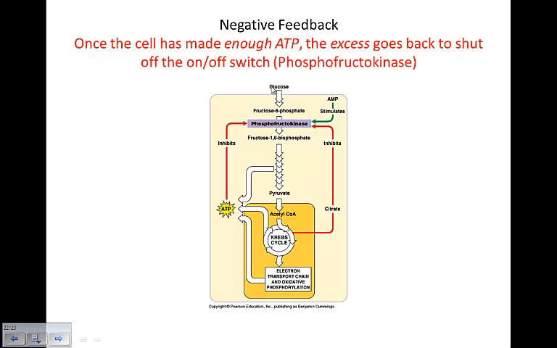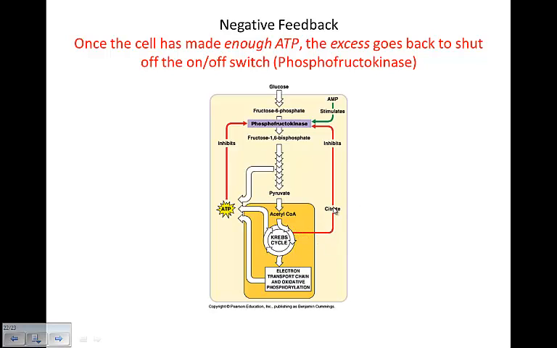You can see here, and of course this diagram is showing aerobic respiration, because we've got glucose broken down into pyruvate and then going into the Krebs cycle, and then the electron transport chain, and ATP being made from glycolysis, Krebs, and electron transport. So if there's plenty of ATP, then that's going to signal phosphofructokinase to shut down. It's not going to be active.